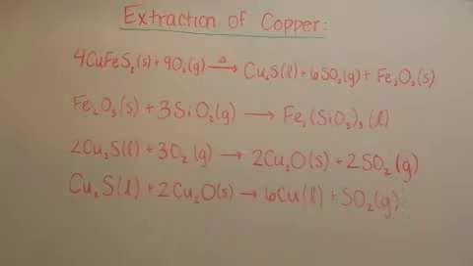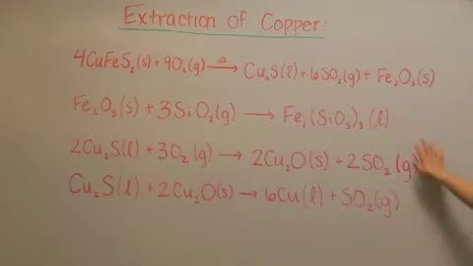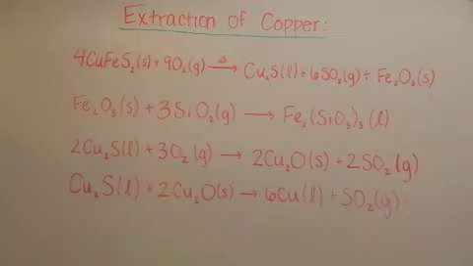Sand is then added to the molten mixture, which converts the iron 3 oxide to a slag of iron 3 silicate. The liquid floats on the surface and can be poured off.